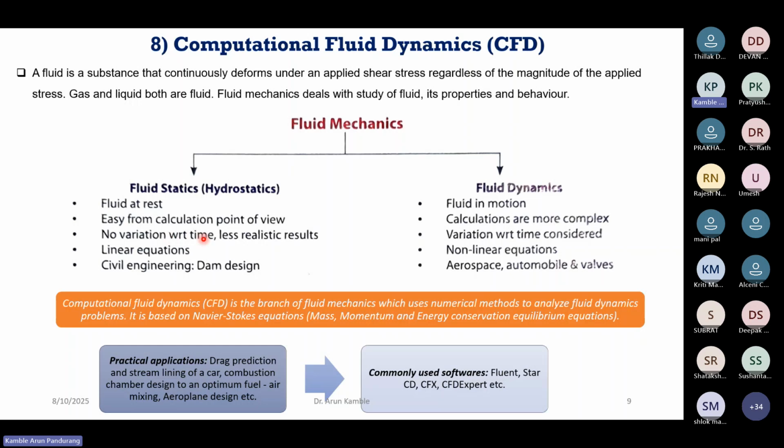It is easy from the calculation point of view, and there is no variation with respect to time. We can use the fluid static approach in the case of dam design. Fluid dynamics is the study of the fluid in motion. Here the calculations are more complex, and variation with respect to time is considered. Here we get the nonlinear equations applicable in aerospace, automobiles, and so on.